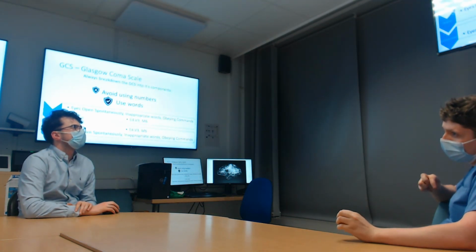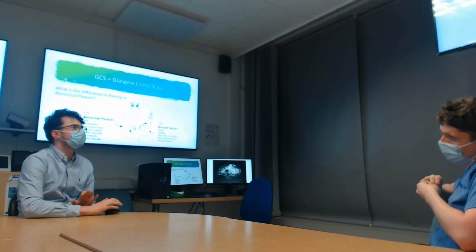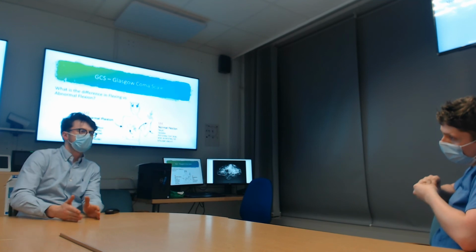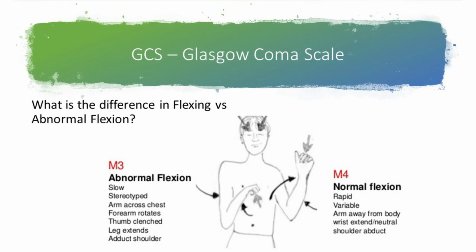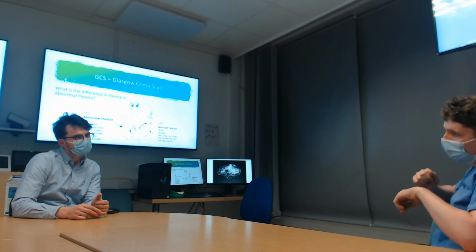So I suppose one of the most difficult things about the Glasgow Coma Score is the differentiation between abnormal flexion and normal flexion, right in the middle of the motor score. How would you advise someone who was assessing that? There are five main key things really.